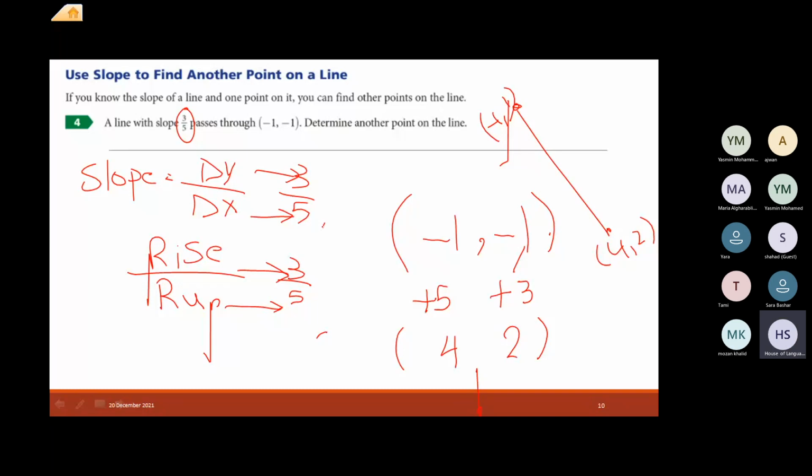So the first step, I will say that this is my slope, it's given 3 over 5. The number in the numerator is the delta y, and the denominator is the delta x. Then I add the y change to the y coordinate and the x change to the x coordinate. Then I get the new point.